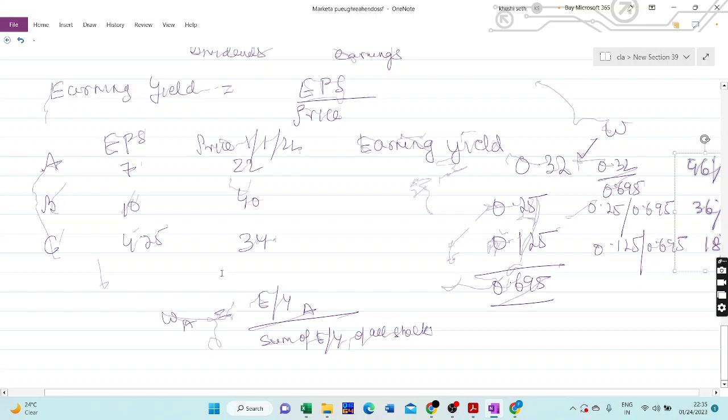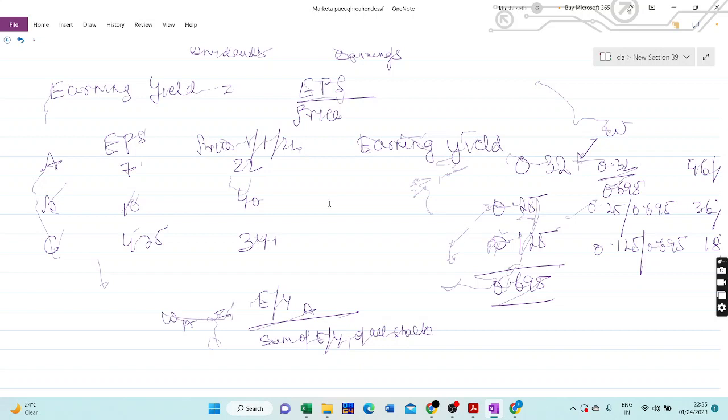Look at stock C. It's only offering $4.25 in earnings, but you'll have to invest $34. But if you invest in stock A, you'll get more earnings, but at a lower price, right? So the earning yield of stock A is high because it's offering higher earnings at a lower price.